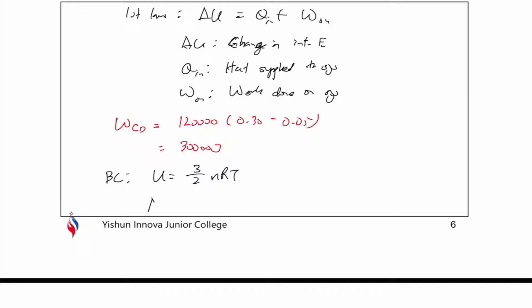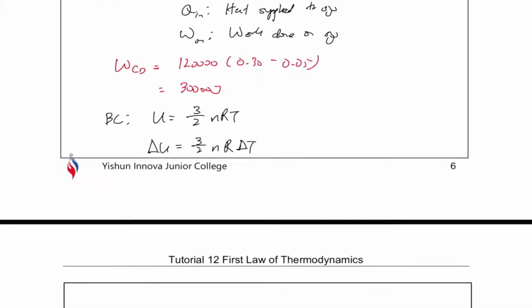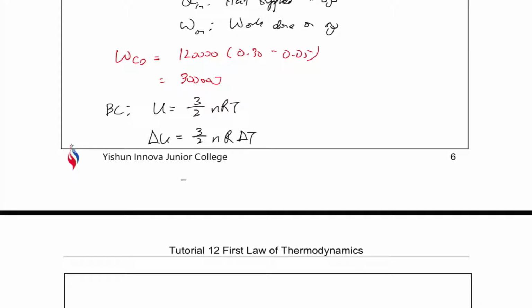Therefore delta U equals 3 over 2 nR delta T, which equals 3 over 2 nR times Tc minus Tb.